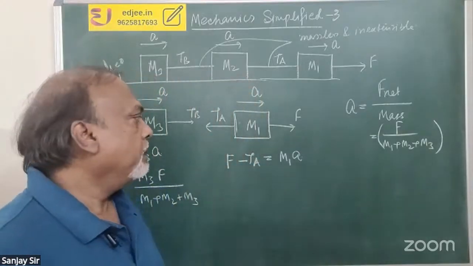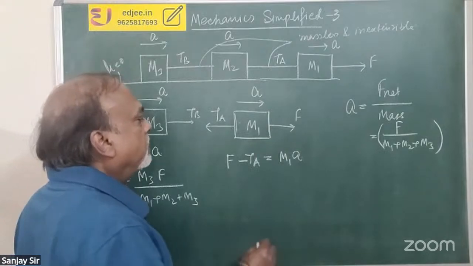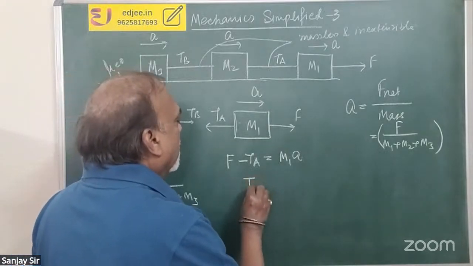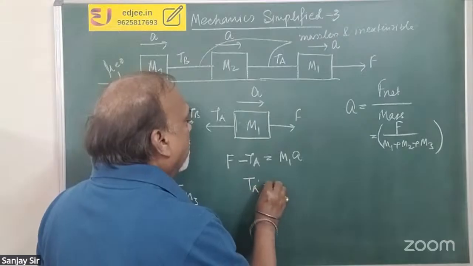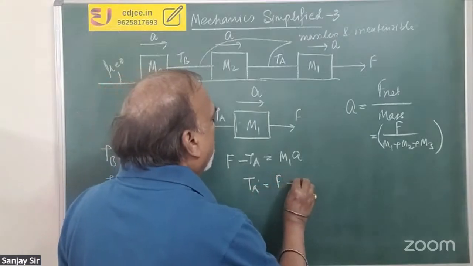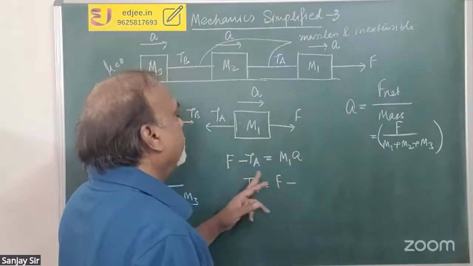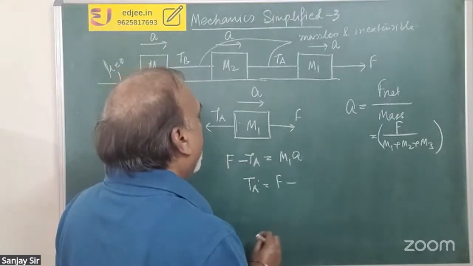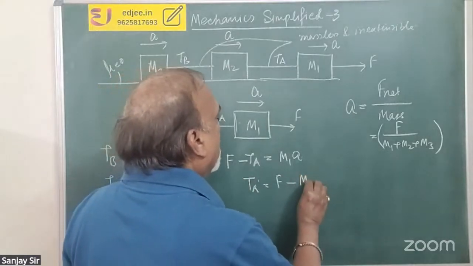This holds good. That means TA is nothing but F minus M1A.